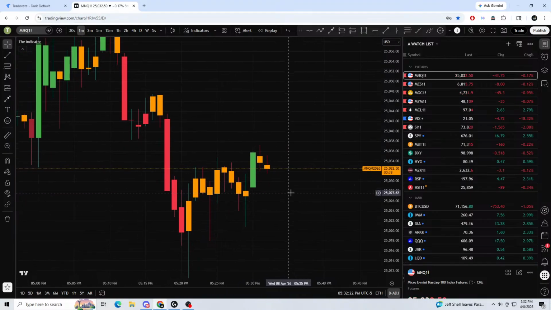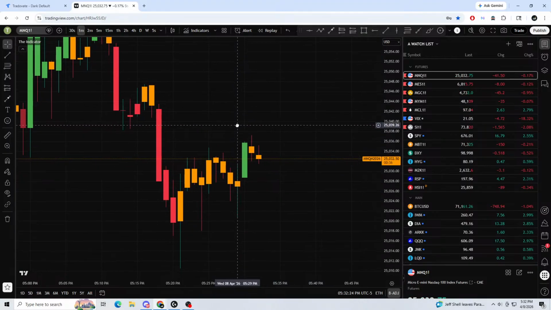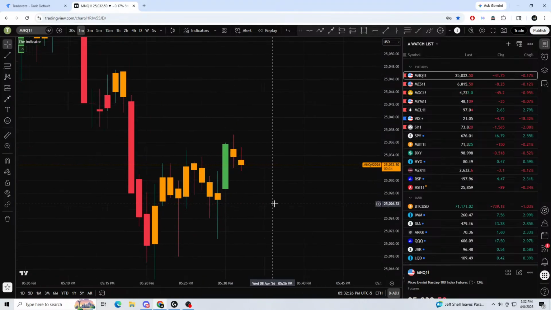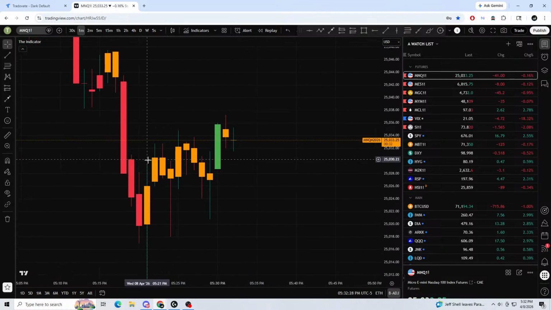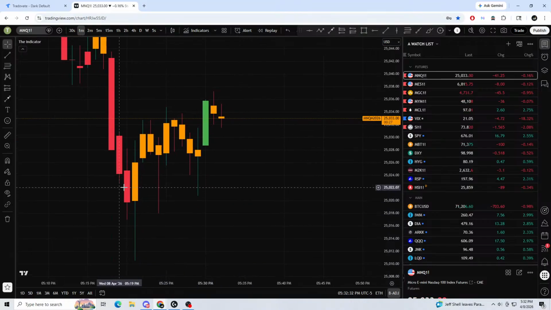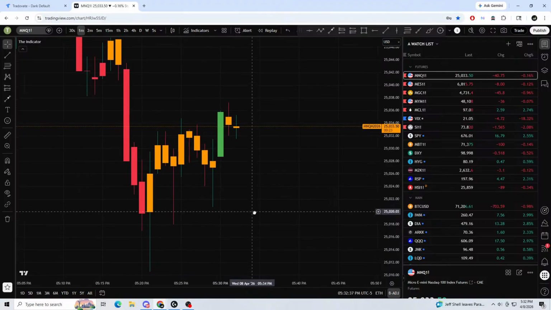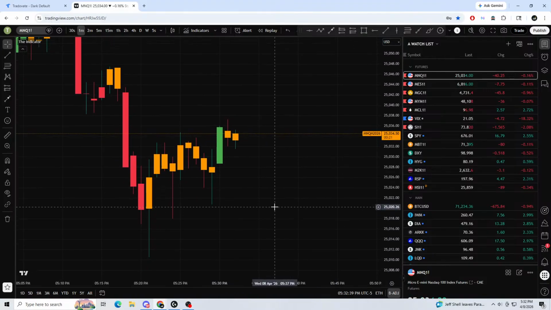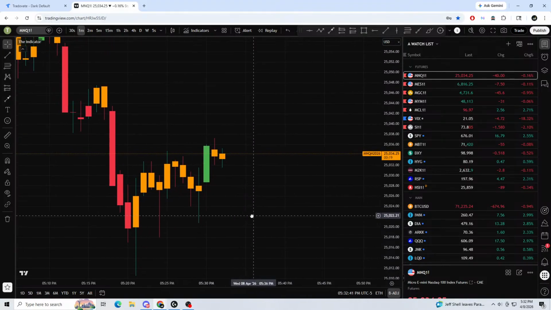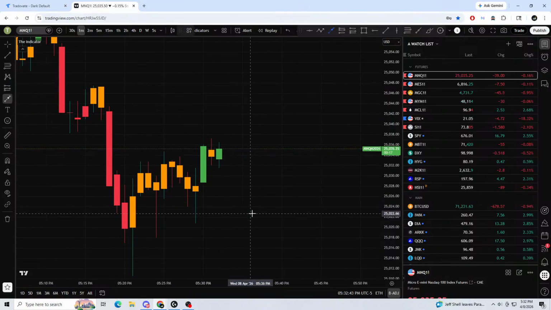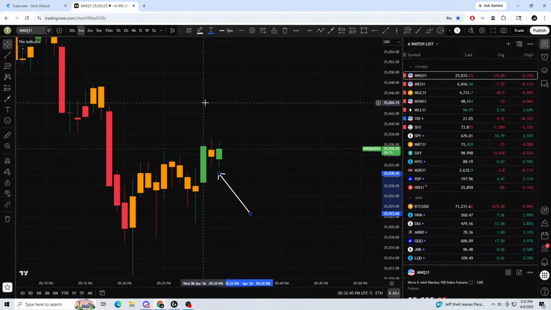What I would like is obviously a bullish candle to form, but we're just not. We have been consolidating since 5:21. Okay, here we go. We're getting green candles again.